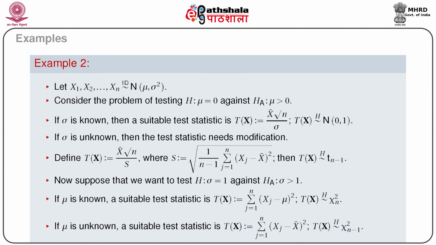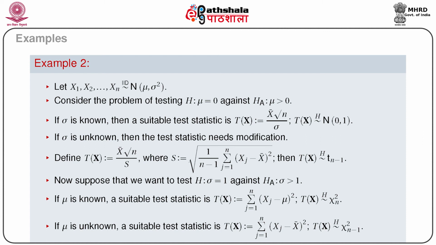Let us close our discussion with some examples. First, we consider a random sample x1, x2 up to xn of size n drawn from a normal mu, sigma square population. Suppose we are interested in testing H: mu equals 0 versus HA: mu greater than 0.